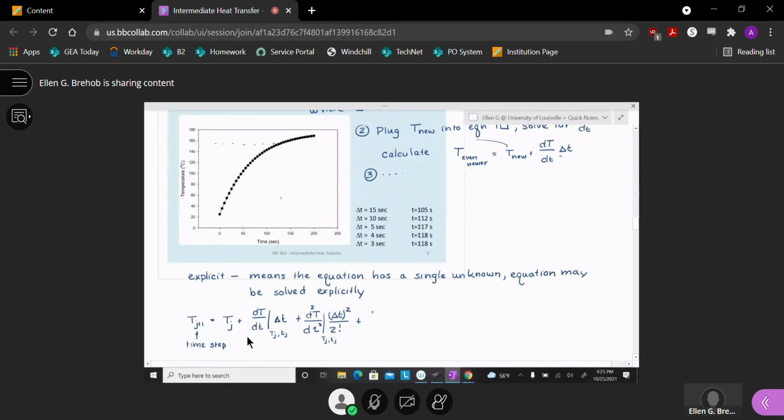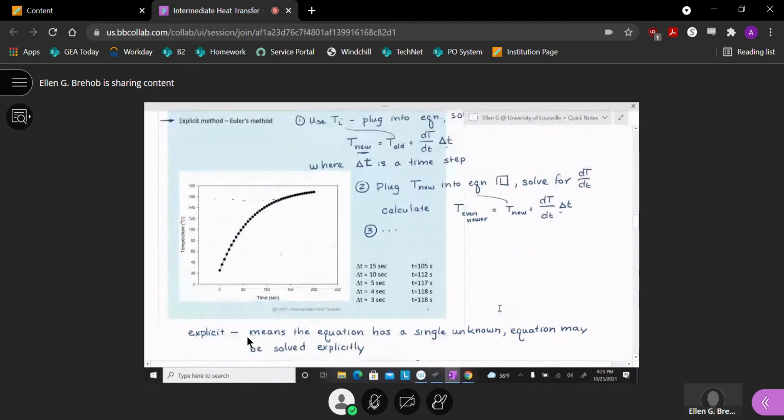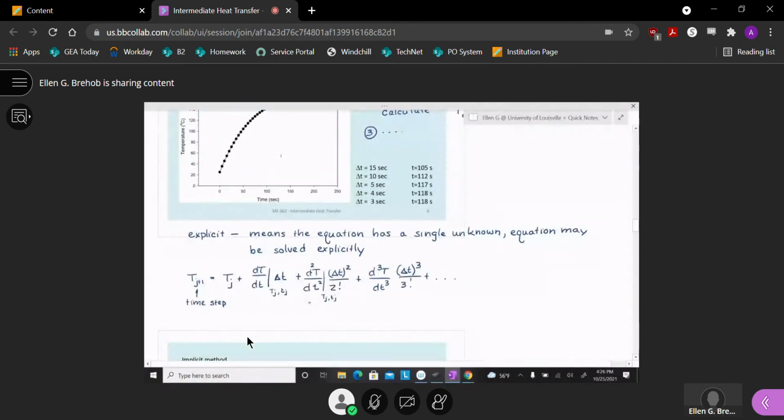Then I could take the third derivative. But in our solution that we looked up above, for how we're solving for that temperature at the next little delta T later, we're only using that first derivative.